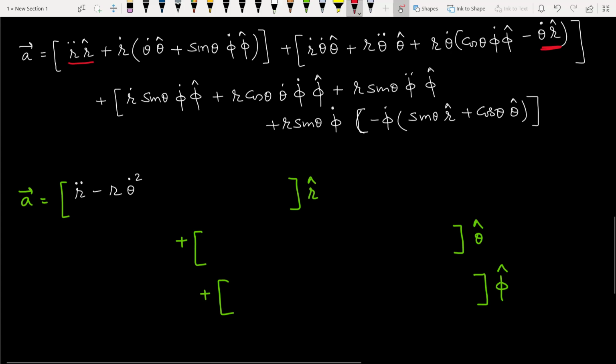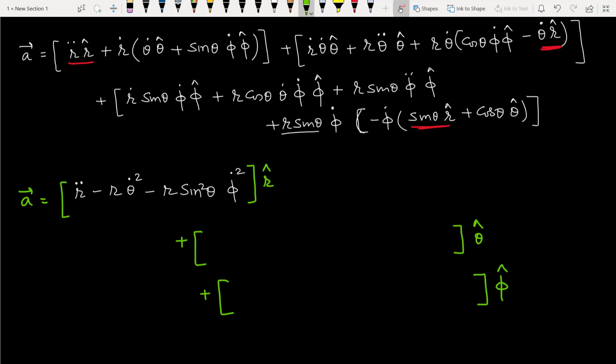Next term is this one, minus r, we will multiply with this, sine square theta phi dot square. So this term will be into r cap. So this is the first term.